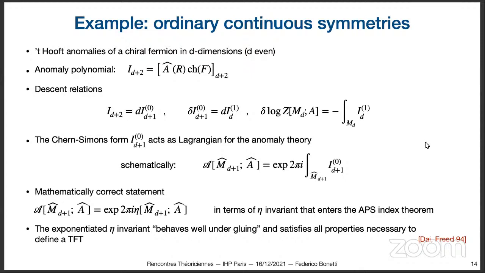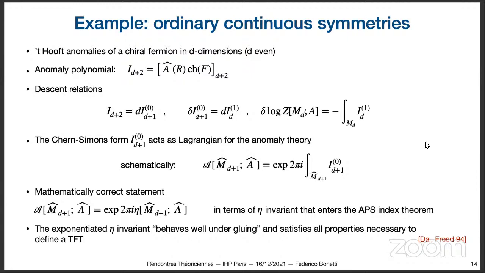Then we know that a very convenient way of thinking about the 't Hooft anomalies of these objects is in terms of its anomaly polynomial that satisfies the famous descent relations. So during descent, we go from this characteristic class in d+2 dimensions. We go down one step, we find the Chern-Simons term, the thing I'm denoting I_0. And then if we go down further, that's essentially the non-invariance of the partition function coupled to the background field. So we see that, at least schematically, we can think of the anomaly theory as the intermediate step, the Chern-Simons step of descent.